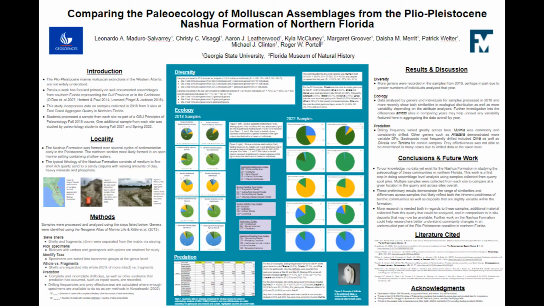frequencies of drill holes, of incomplete drill holes, were looked at and calculated. In the middle of the poster, you can see the graphs from the 2018 samples that the students did in 2018 versus those samples that were done between 2021 and 2022 by my group.